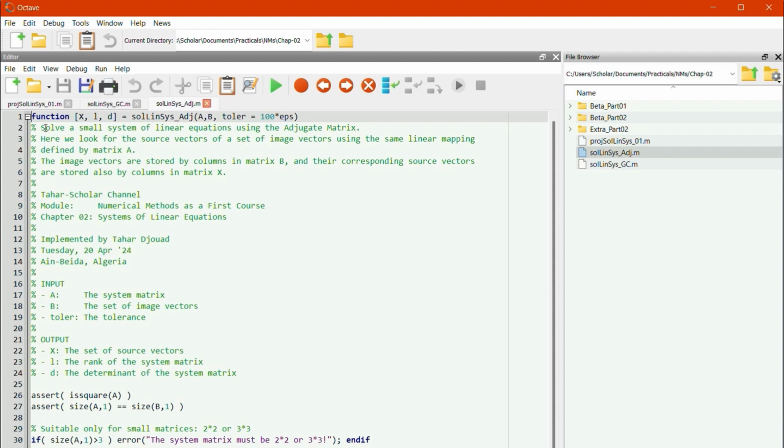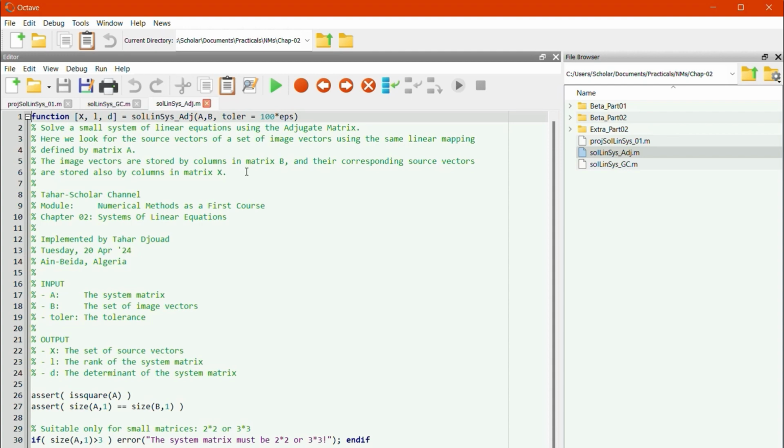So let's read here the comment: solve a small system of linear equations using the adjugate matrix. Here we look for the source vectors of a set of image vectors using the same linear mapping defined by matrix A. The image vectors are stored by columns in matrix B, and their corresponding source vectors are stored also by columns in matrix X. Exactly what I have already explained.